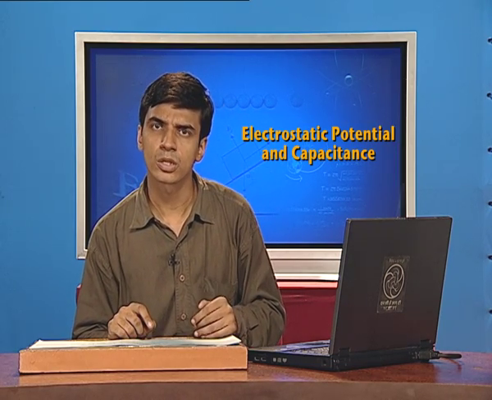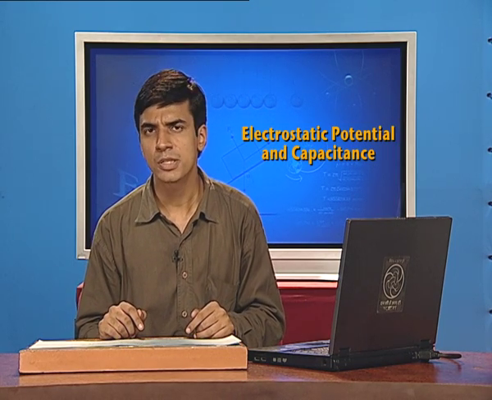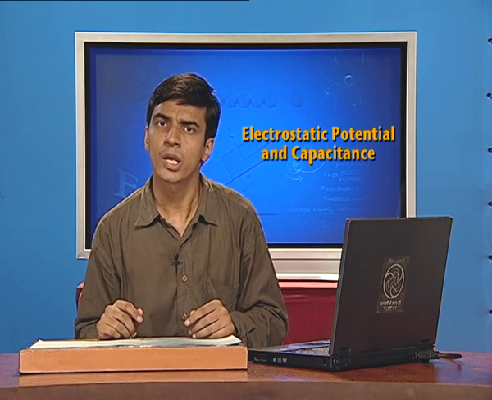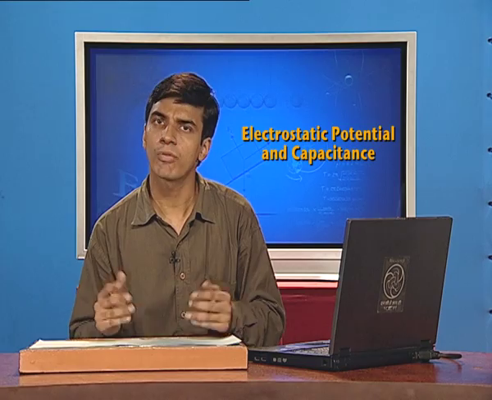In this episode, we shall go deeper into this concept. We shall discuss what the potential due to a positive charge is and how we can see the same effect in the case of a dipole.